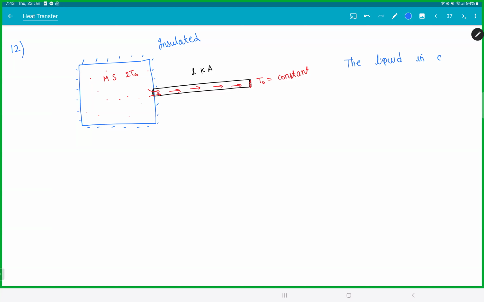The liquid in an insulated container is in contact with the rod.